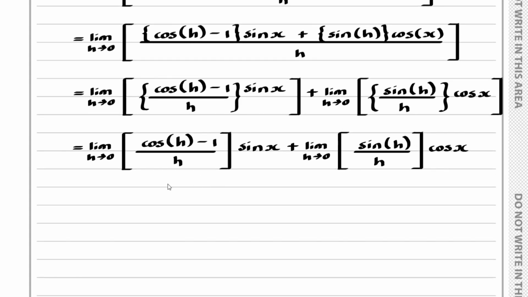We know that as h tends towards 0, cos h subtract 1 over h tends towards 0, and we multiply this by sin x, and we know that as h tends towards 0, sin h over h tends towards 1. So we have 1 multiplied by the cos x. And if we simplify this, we end up with cos x, which means the differential of sin x is cos x.